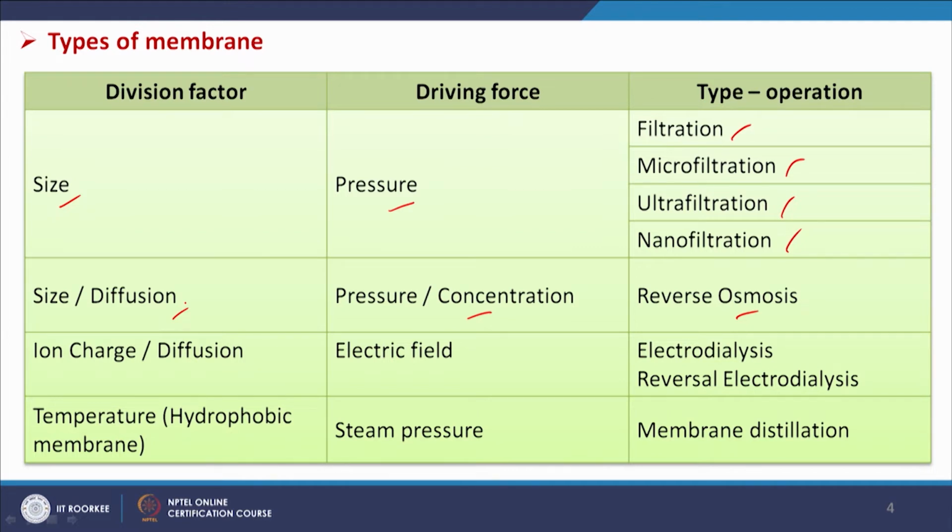And when we use the electric field as a driving force, we get electrodialysis and reversal electrodialysis. In that case, ion charge and diffusion both are considered as separation factors. And when vapor pressure is used as the driving force and temperature is the separation factor for a hydrophobic membrane, we can say this is the application for membrane distillation.